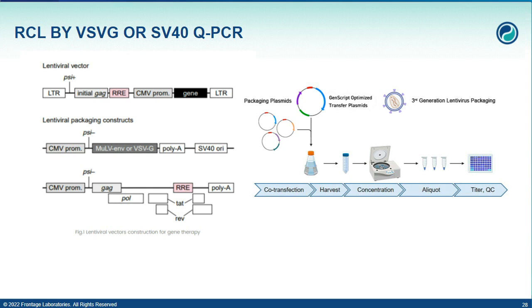On the right, it shows the brief testing process for RCL assay. So basically, we co-transfection with the plasmid and then harvest the cells after centrifuge aliquot, and then the assay will be performed by Q-PCR.